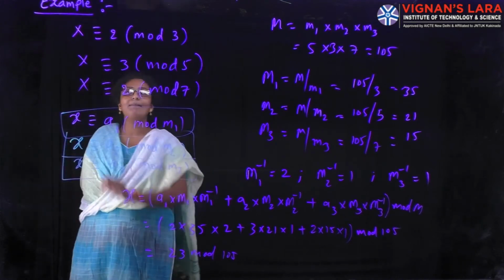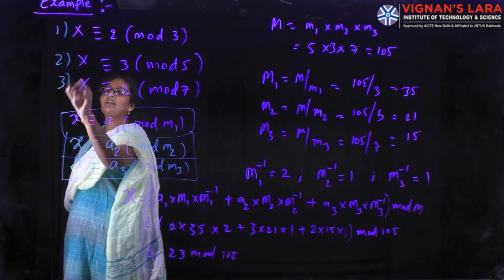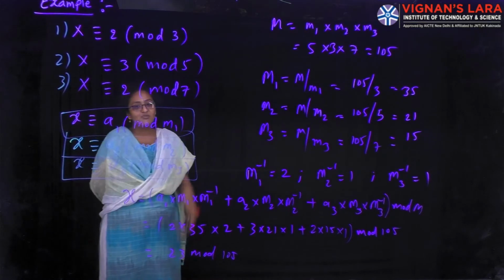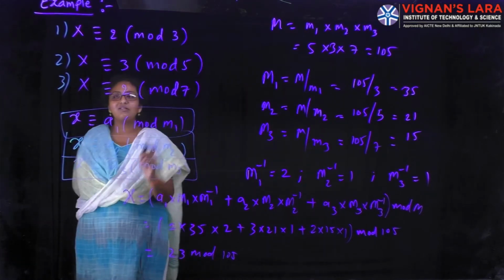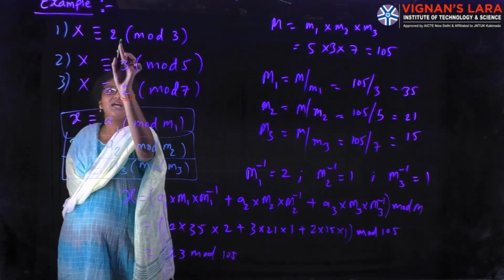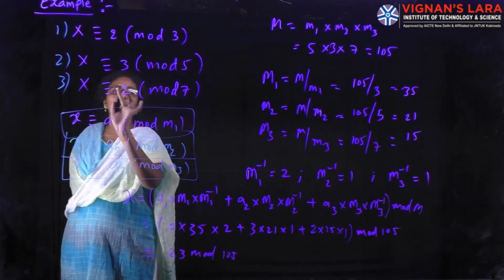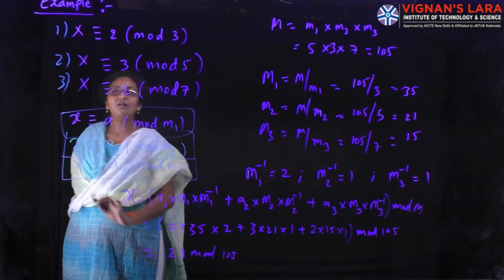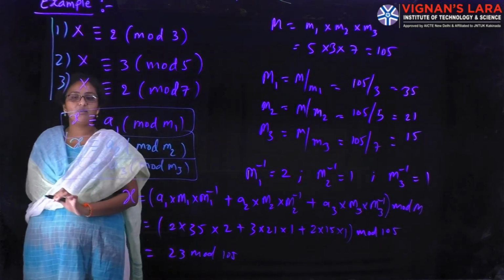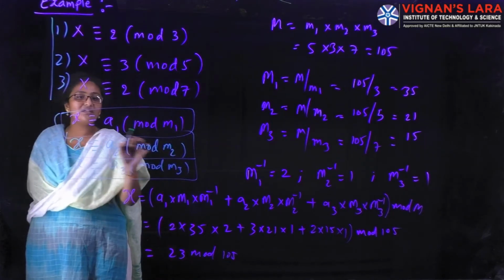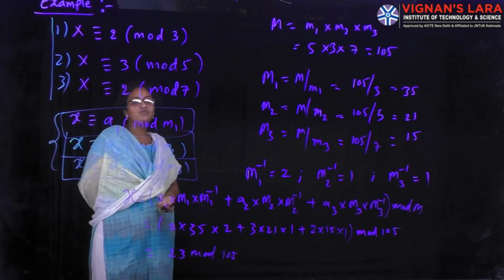In this example, I have only taken 3 congruent equations: X congruent to A1 mod M1, X congruent to A2 mod M2, X congruent to A3 mod M3. So I am comparing with only 3 equations from the statement of Chinese remainder theorem.